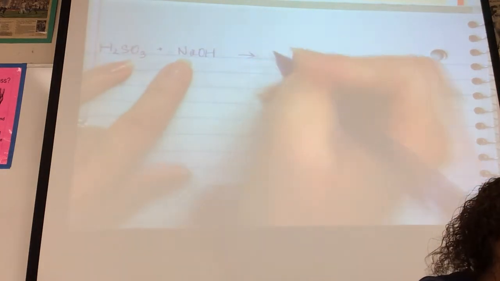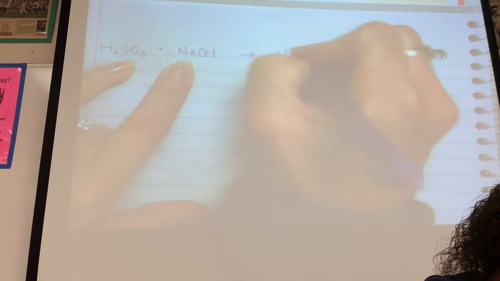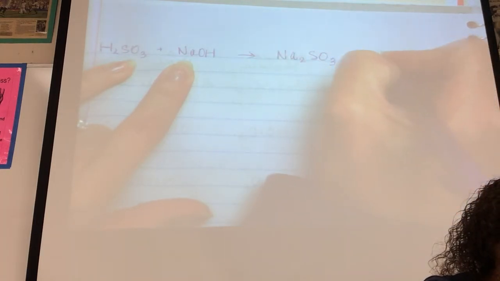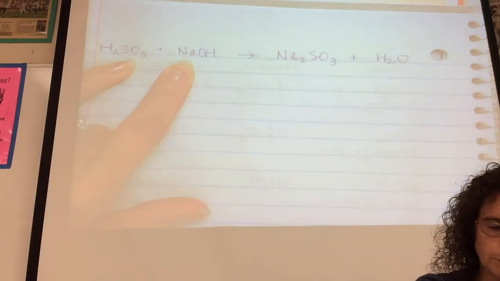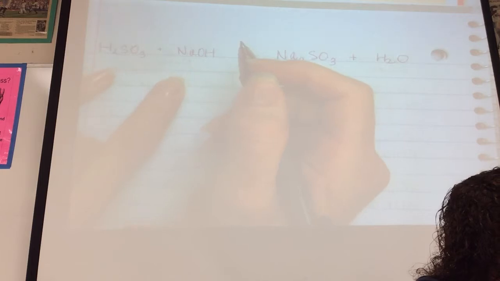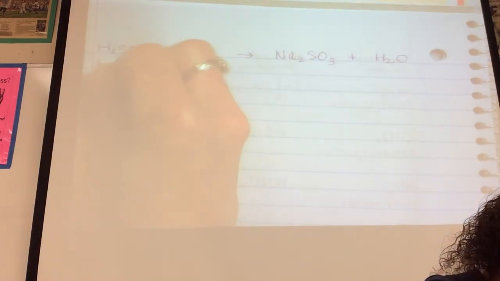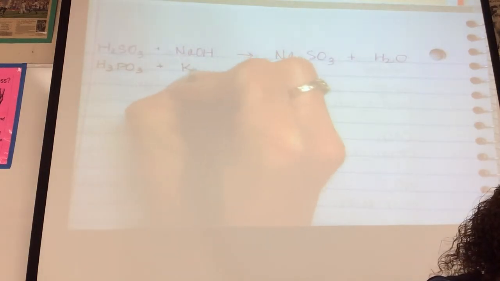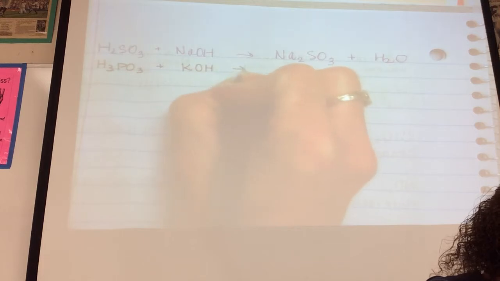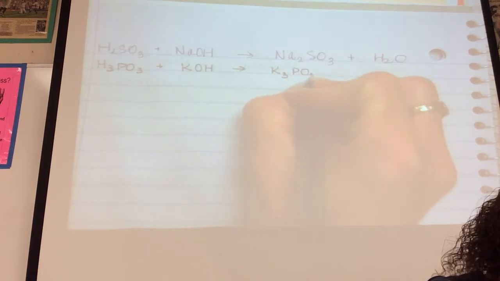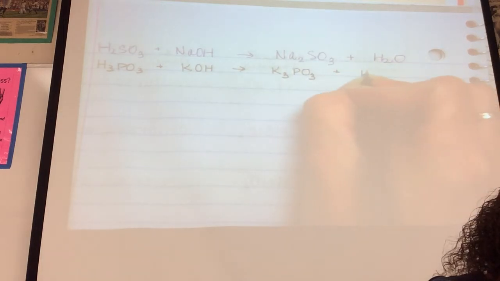The insides together, sodium sulfite and water. We've got phosphorus acid and potassium hydroxide making potassium phosphite and water.